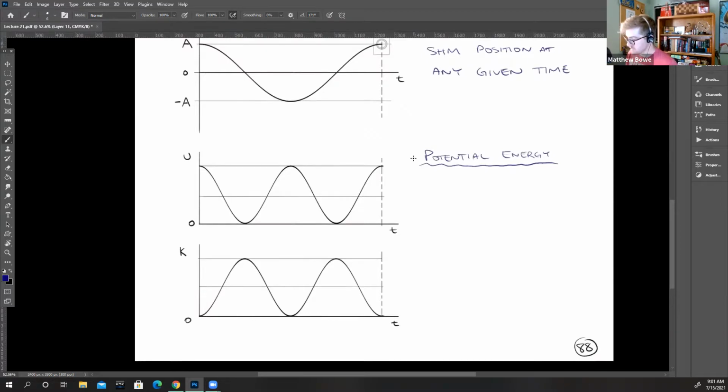Whenever stretched or compressed, potential is a maximum.